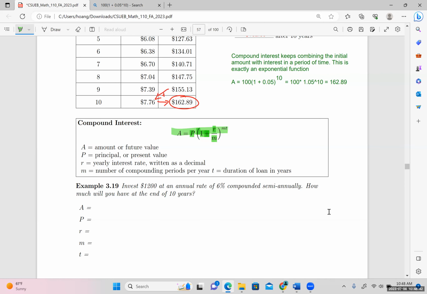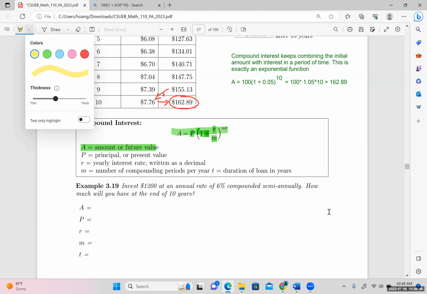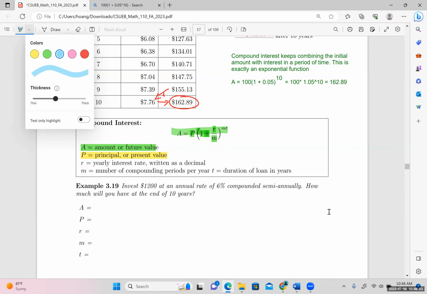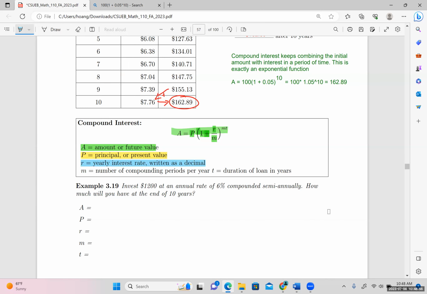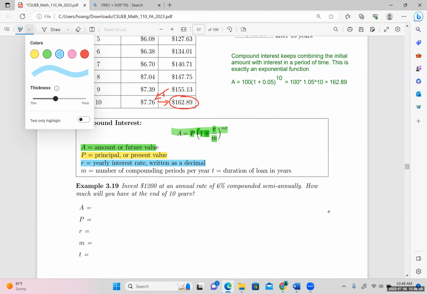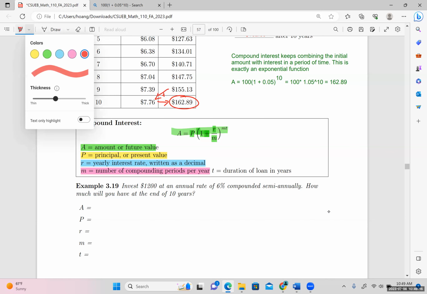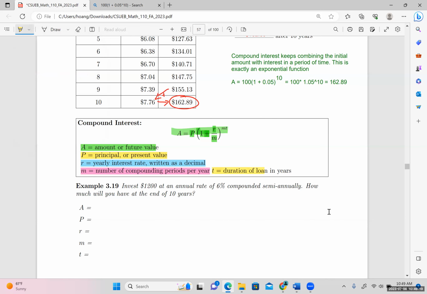A is the same as before, the amount or future value. P is still the principal or present value. R is still the yearly interest rate in decimal. M is the number of compounding periods per year. And lastly, T is the duration of the loan in years.